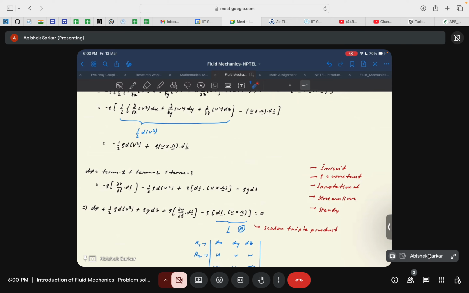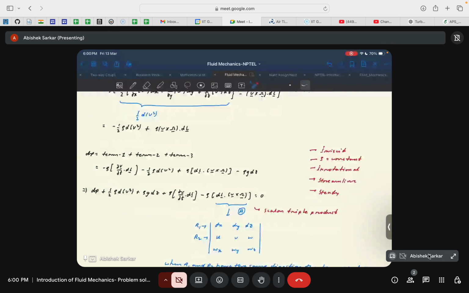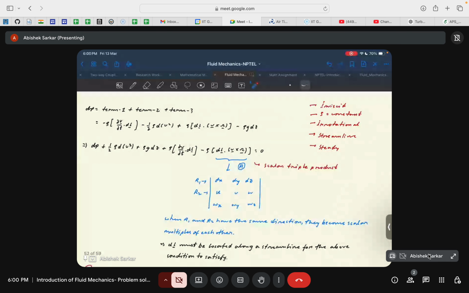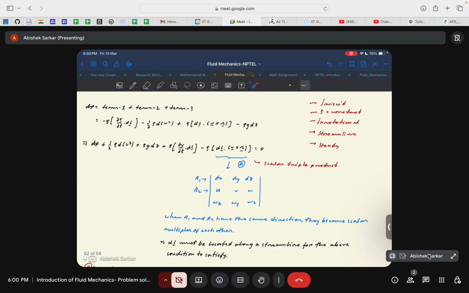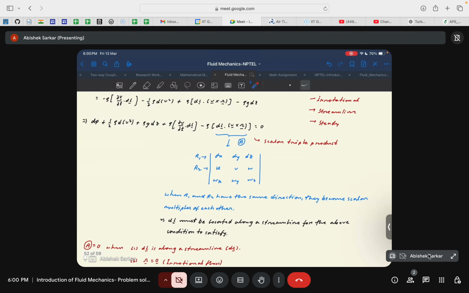Okay, so if you combine term 1, term 2, and term 3, you will get something like dp is equal to minus rho ∂v/∂t dot dl minus half rho d v square plus rho dl dot v cross omega minus rho g dz. Okay, now if you shift these terms to the left hand side, you will end up with this equation.